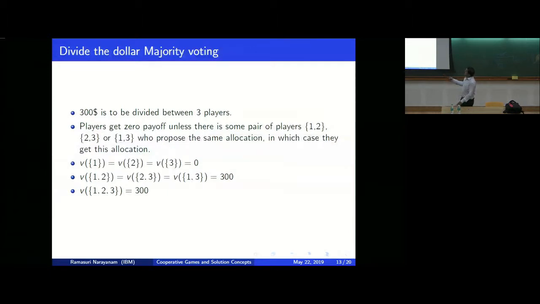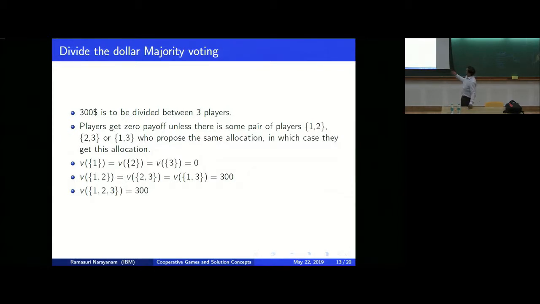Consider one example of this format n comma v. This example is called divide the dollar, majority voting game. There is $300 which needs to be divided between 3 players. The players get 0 payoff unless there is some pair of players, 1, 2, or 2, 3, or 1, 3, who propose the same allocation.